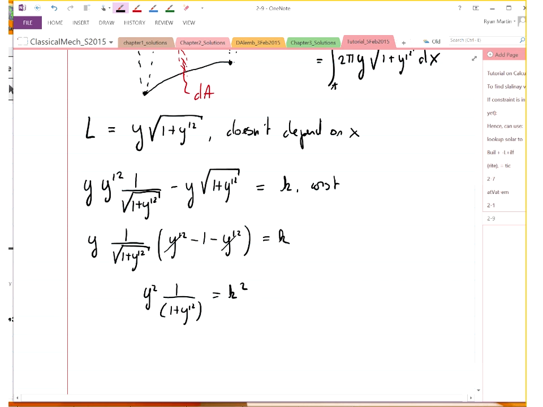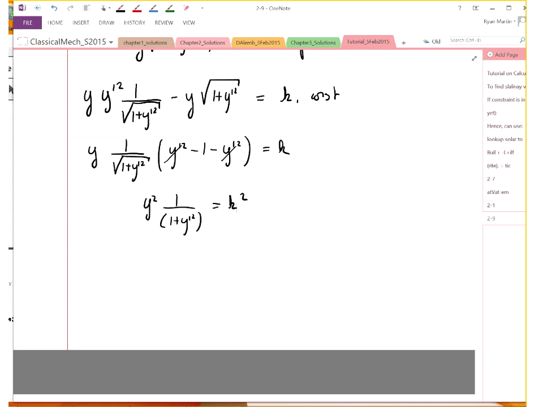Or y squared equals k squared times 1 plus y prime squared. Or y prime squared now is equal to 1 over k squared times y squared minus k squared.